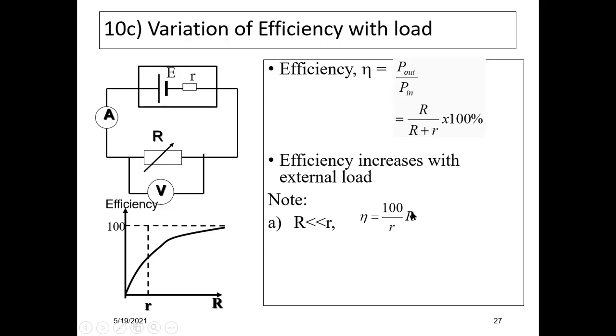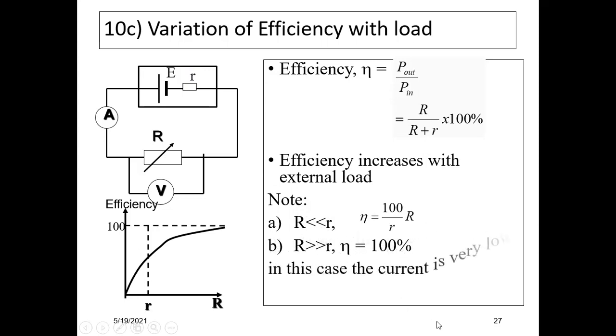That's why we get this equation. So we can see that this part is more like a straight line, this part near here. Then at this part, where that R is very much greater than that, it'll be 100%. But the current is very small, as we say. If R is very large, the current in the circuit is very small.